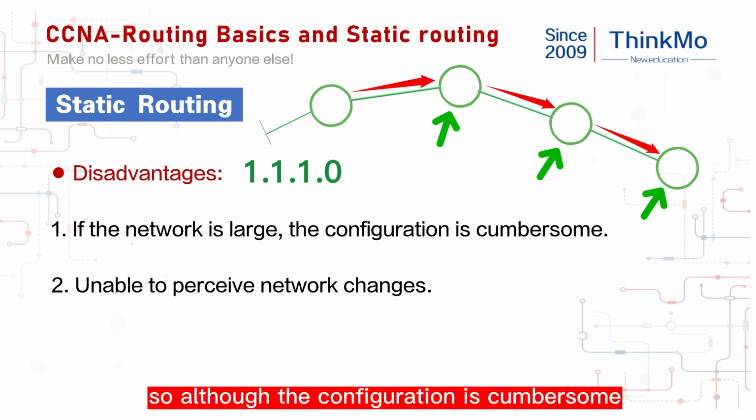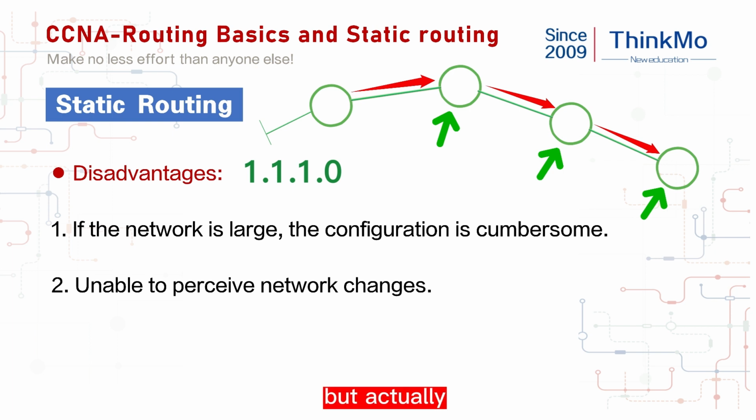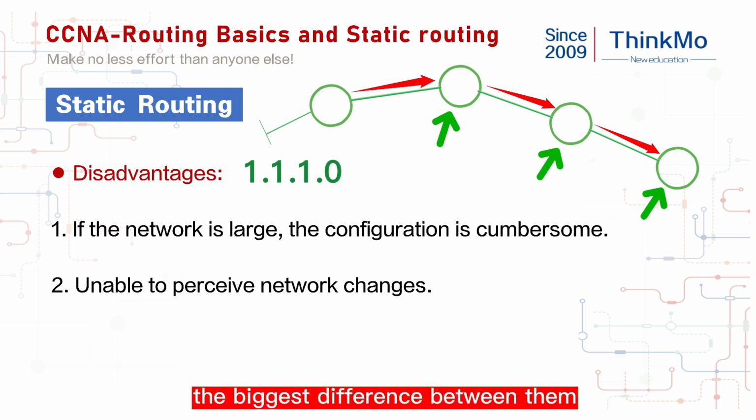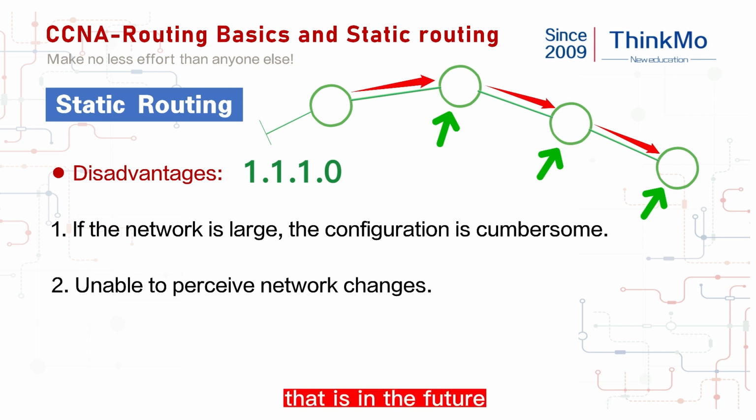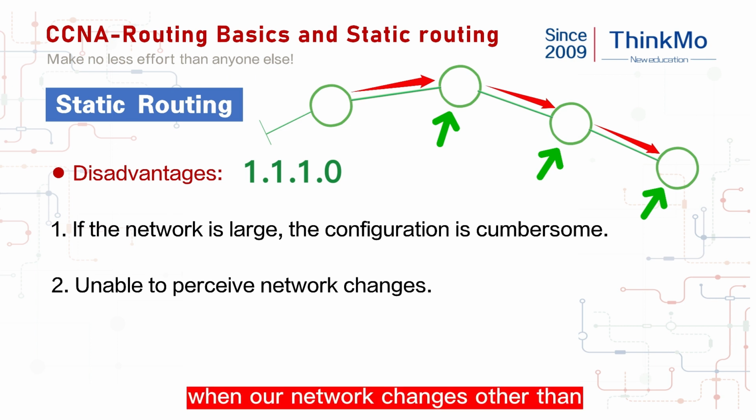So although the configuration is cumbersome, actually the biggest difference between them is not in the configuration, but in the perception of changes in the network. That is, in the future, when our network changes, whether it can be updated and maintained automatically is the most important thing.